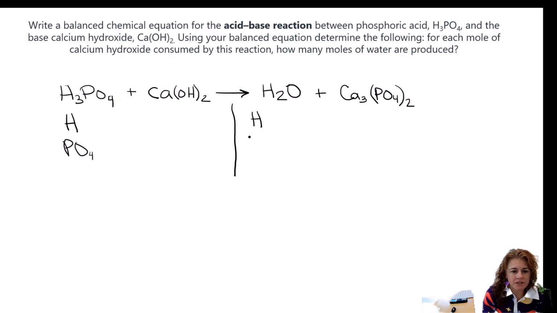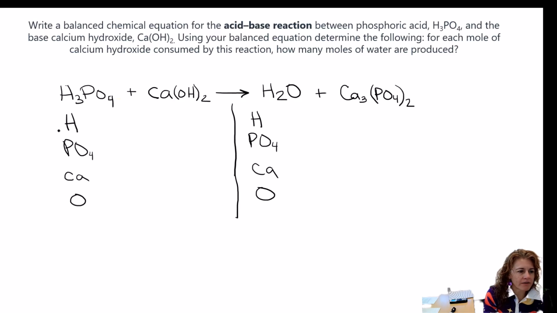So I can keep that all together, and it's going to cut down on the number of atoms that you have to balance. Another pro tip here is I like to keep the atoms in the same order. So hydrogen, that way I can easily bounce back and forth. All right, so now we're just going to take inventory of what we have.